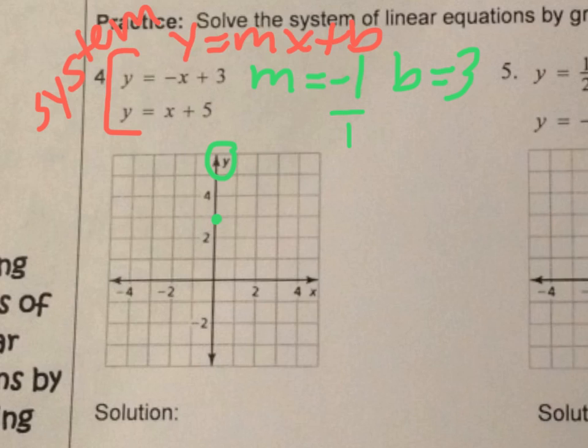So negative 1 over 1 means I'm going down 1 and to the right 1. I'm going to keep going down 1 and right 1 until I cannot graph anymore. If I go the opposite direction, I'm going to go up 1 and to the left 1. Then connect your line.